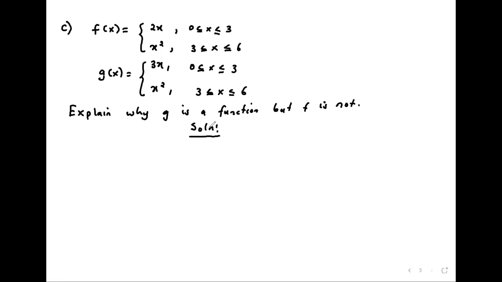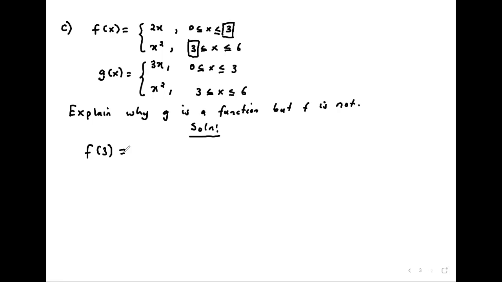So let us give an explanation. How do we explain? Let's target 3. Since F has 3 included in both parts, F of 3 must be the same number.